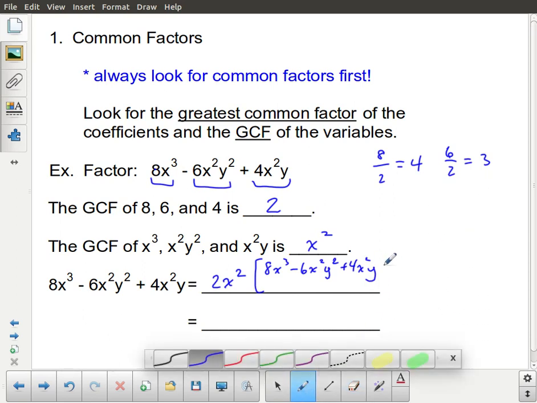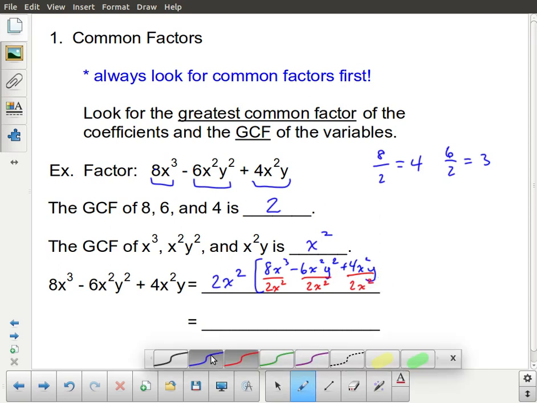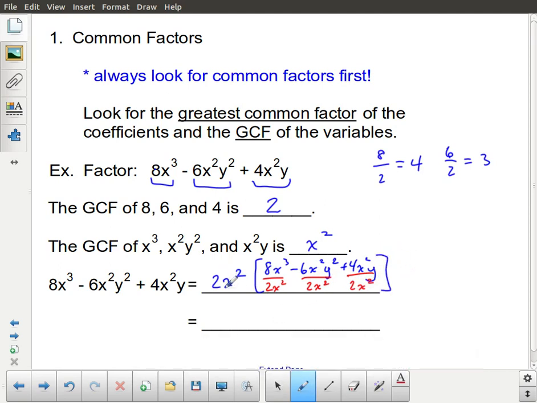Okay. And dividing out 2x squared is essentially the same thing as just dividing each of these individual terms by 2x squared. Because if you imagine reversing this, if I took 2x squared and I multiplied it back into this bracket, all of those 2x squareds in the denominators would divide out. But by doing that, I'm going to leave my 2x squared in front.